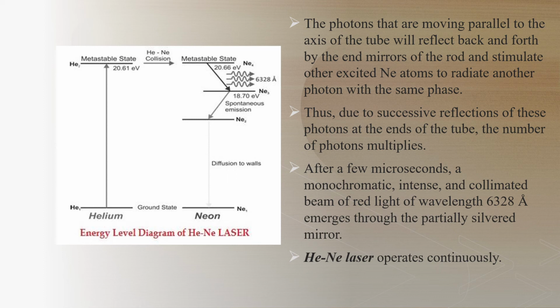After a few microseconds, a monochromatic, intense and collimated beam of red light of wavelength 6328 angstroms emerges through the partially silvered mirror. HeNe laser operates continuously.